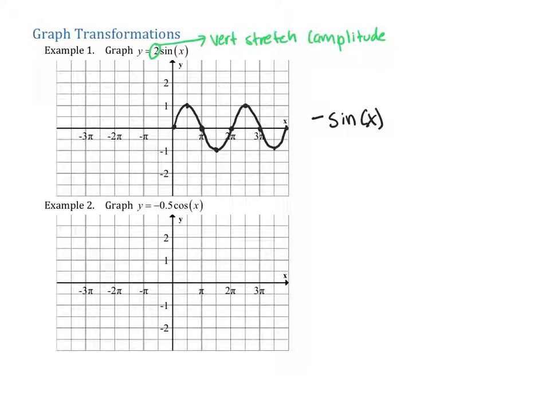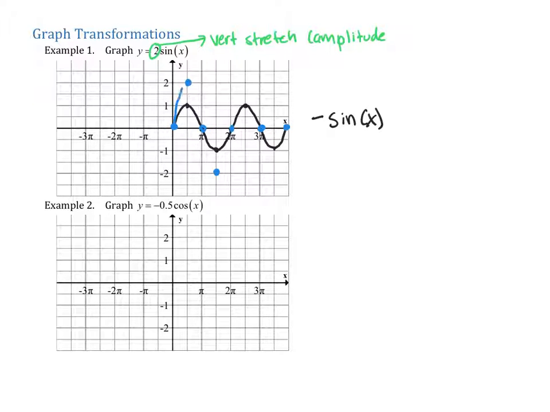So 2 sin(x) means we are going to stretch vertically by a factor of 2. Anything that's on the midline is going to stay on the midline because it has a y-coordinate of 0, and 0 times 2 is still 0. The maximum value is where we're going to see the big change. The maximum value of 1 will be doubled to 2, and the minimum value of negative 1 will be doubled to negative 2.